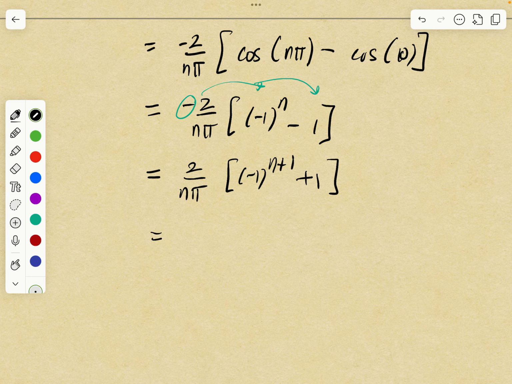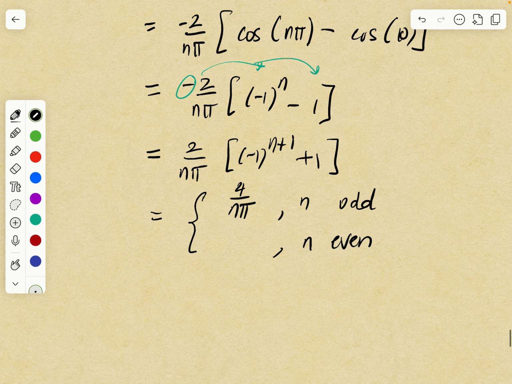If n is odd, then n plus 1 is even, so negative 1 to the n plus 1 is 1, and 1 plus 1 is 2. So you get 4 over n pi if n is odd. If n is even, then n plus 1 is odd, negative 1 to the n plus 1 is negative 1, you add 1, and you get 0.